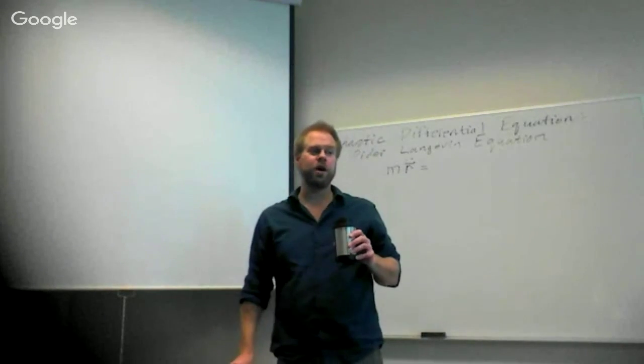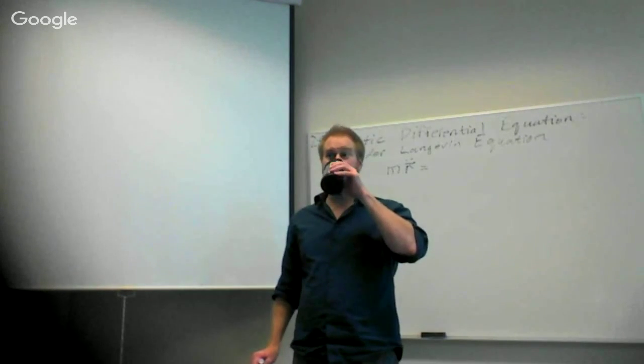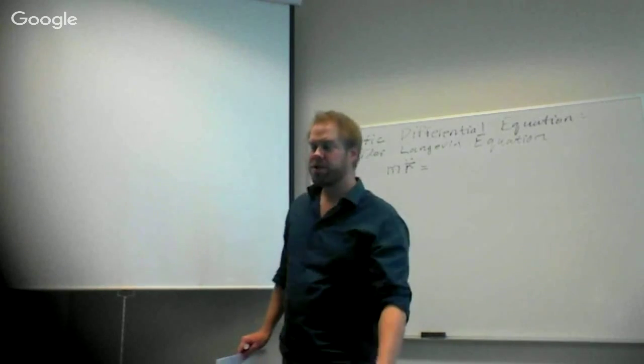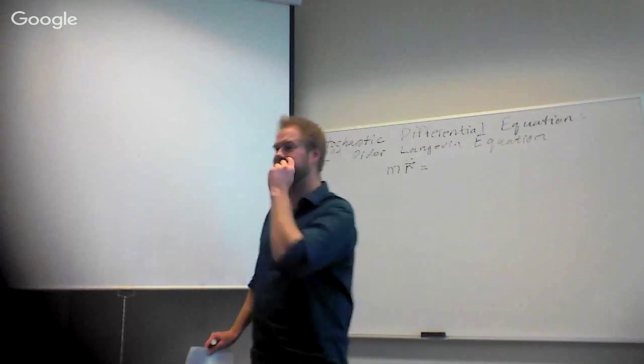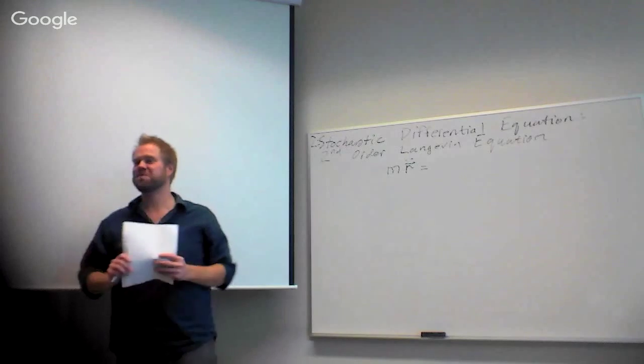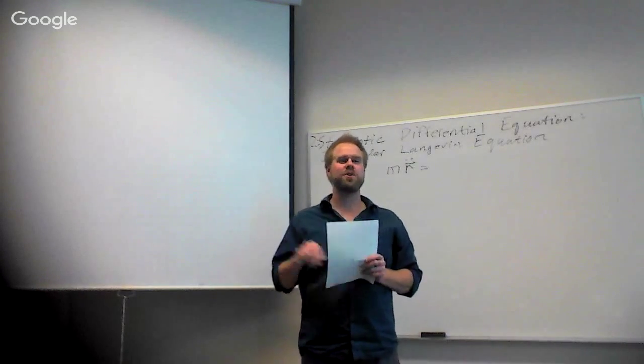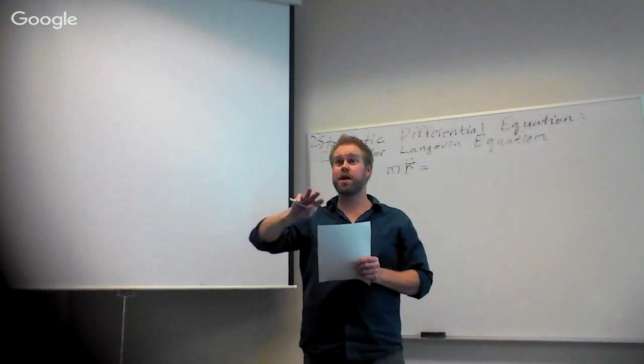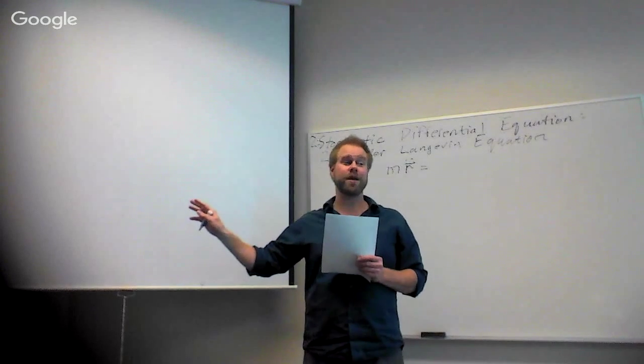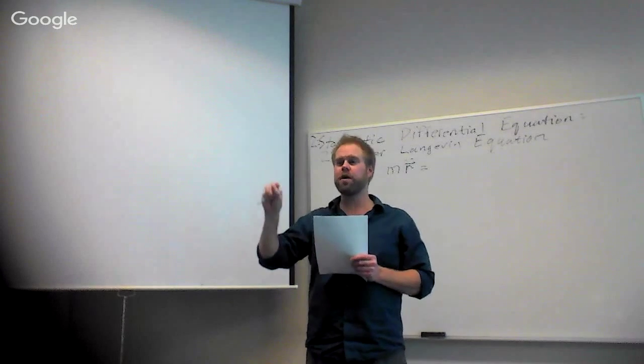There are two effects. So when you saw that movie and we went from the dilute limit to the high density limit, and we were tagging one particle, what happened?